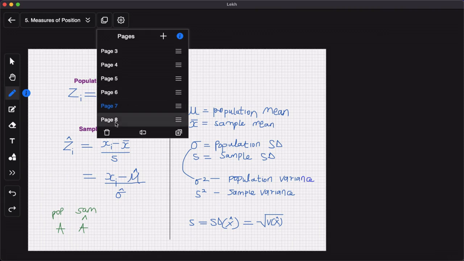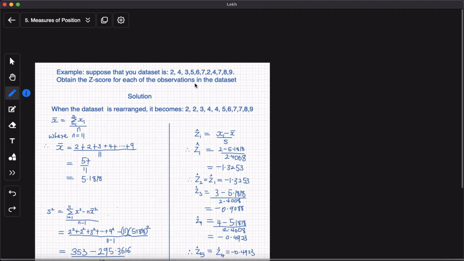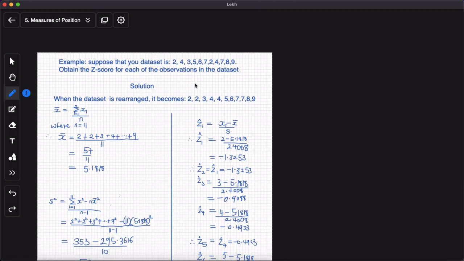What exactly does the Z-score do? The Z-score can be obtained for each and every one of the observations in your data set. Actually, the Z-score helps you to normalize your data, or more formally, we may say it helps you to standardize the data set. All right, so what exactly are we saying?